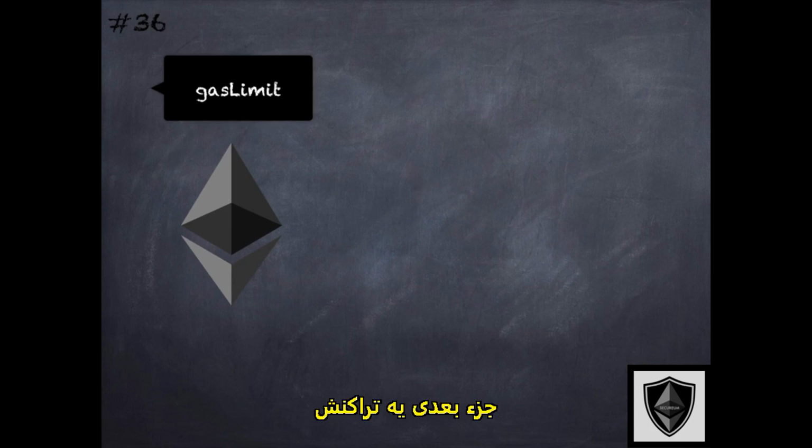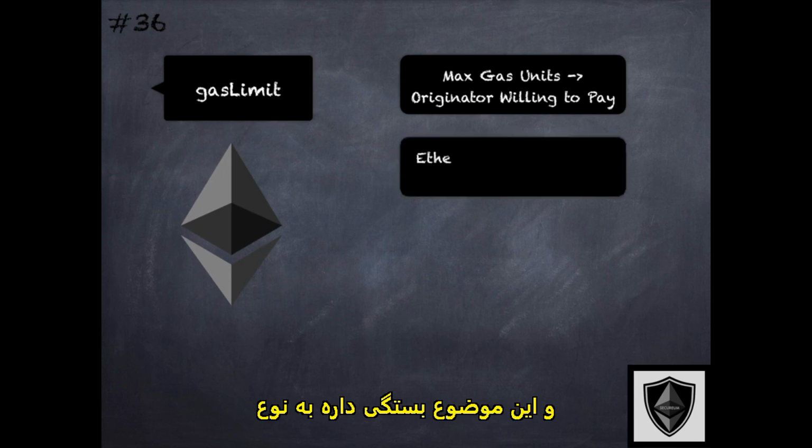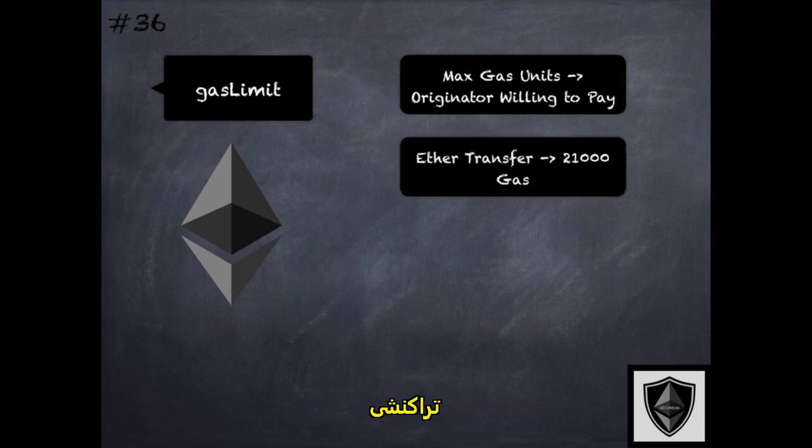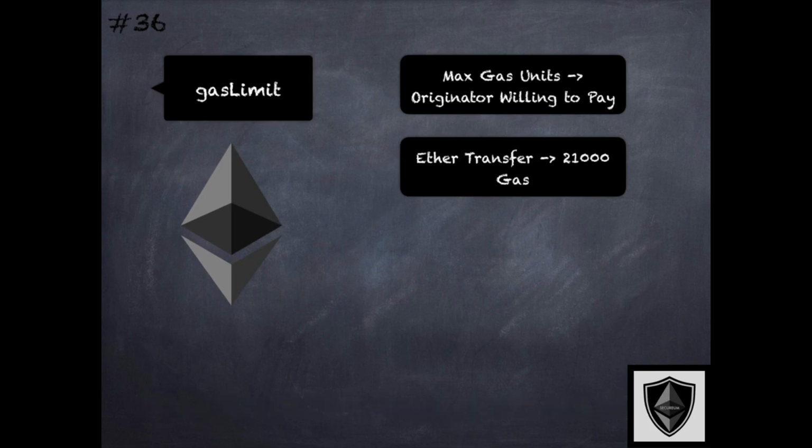The next component of a transaction is gas limit. This is the maximum number of gas units for which the sender is willing to pay for this transaction. And this really depends on the type of transaction that is being sent. If it is a simple ether transfer, then it costs 21,000 gas units.